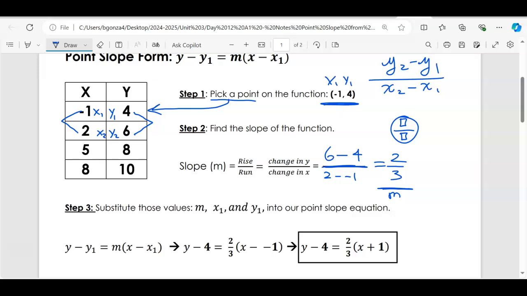They replaced y1 with 4. And then they replaced m with 2/3. The only extra thing they had to do, minus a negative, we know is a plus sign. So that was it. There is no extra step there, okay? Leave it as point slope formula.